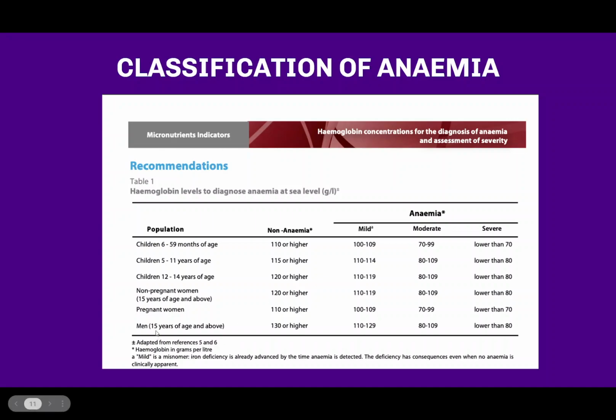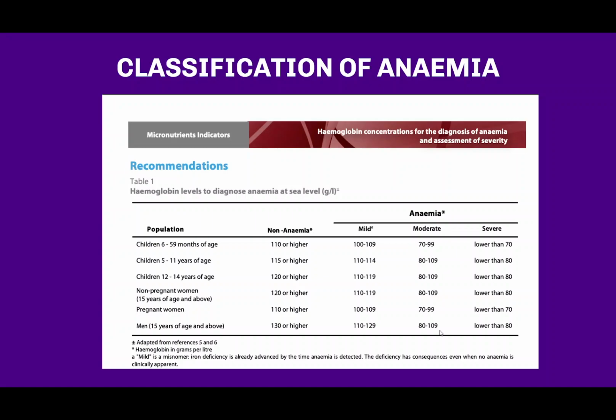For example, I take men 15 years of age and above. Non-anemia is when the HB is 130 gram per liter or higher, or 13 gram per deciliter or higher. Anemia can be mild when the HB is 110 to 129 gram per liter, or 11 to 12.9 gram per deciliter.